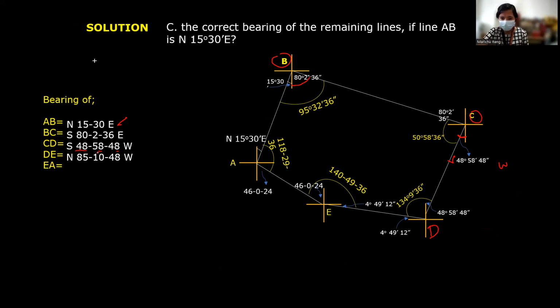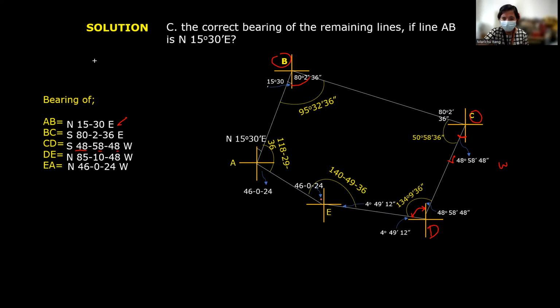D to E. Yung ating D to E is this one, right? So this is equivalent to 134 degrees, 9 minutes, 36 minus 48. That is equivalent to 85. Yung na-solve natin kanina, that is 85, 10, 48. So yung direction niya is northwest.